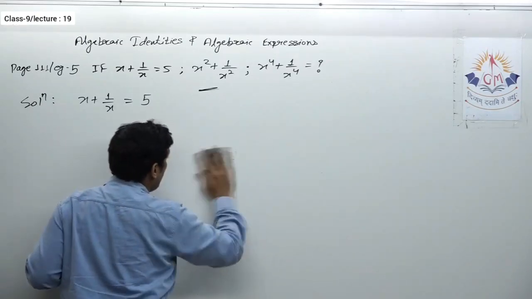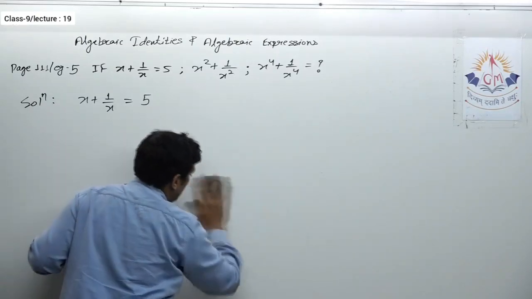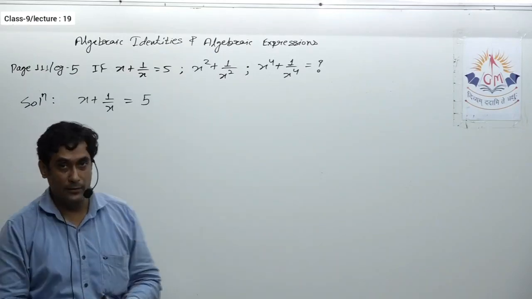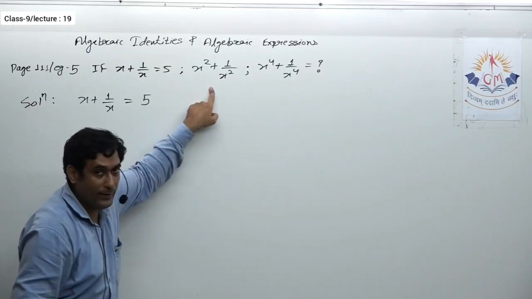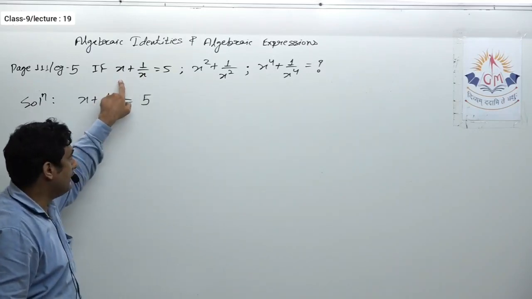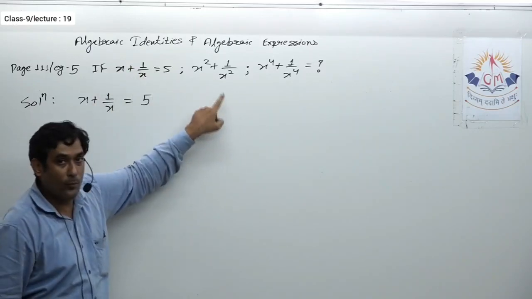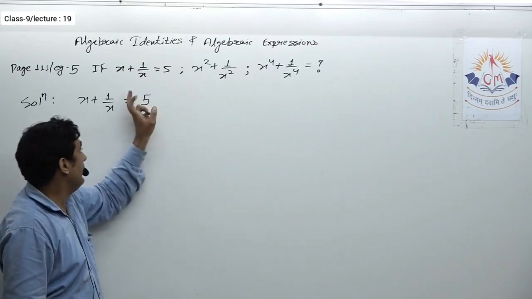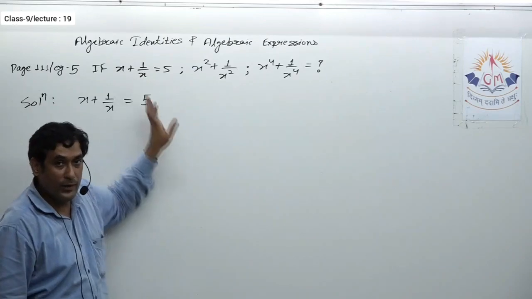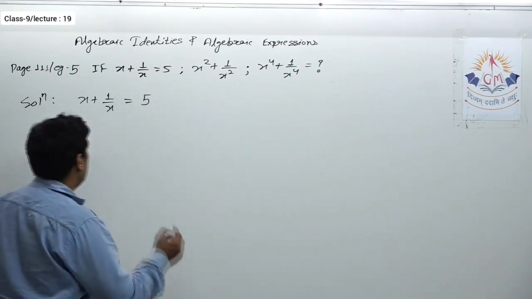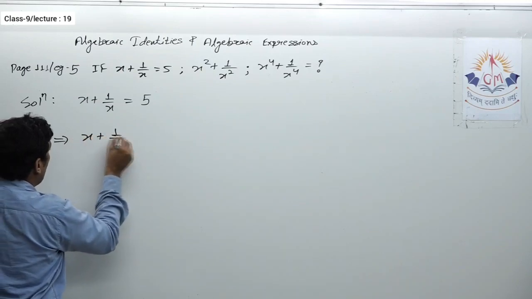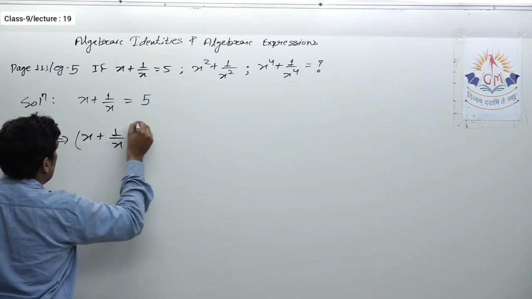But this also gives you a hint that you have to start by squaring it, because we need to find this, we have this, and we can also observe that here the power is 2, which we will get if we square it. So we have to start with that only. That means after writing this, the very first step, I'll square both sides.